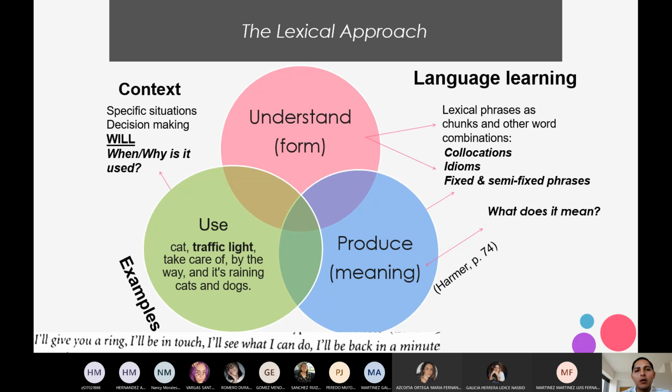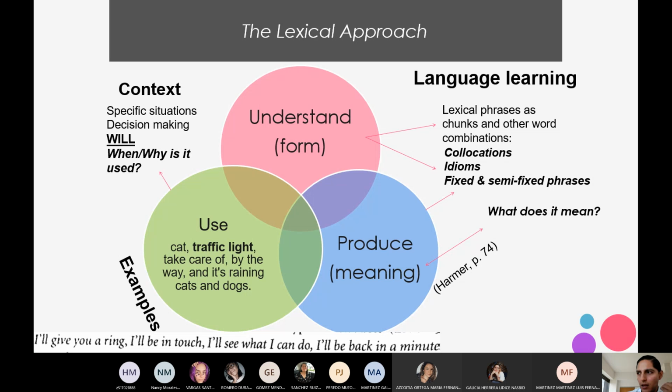Okay, so when the lexical approach states that learners need to understand words, they are referring to the form, whether the word is used in present simple, in past simple, in a present participle, -ing, or in a past participle, etc. But in order to learn the word, students also need to produce.